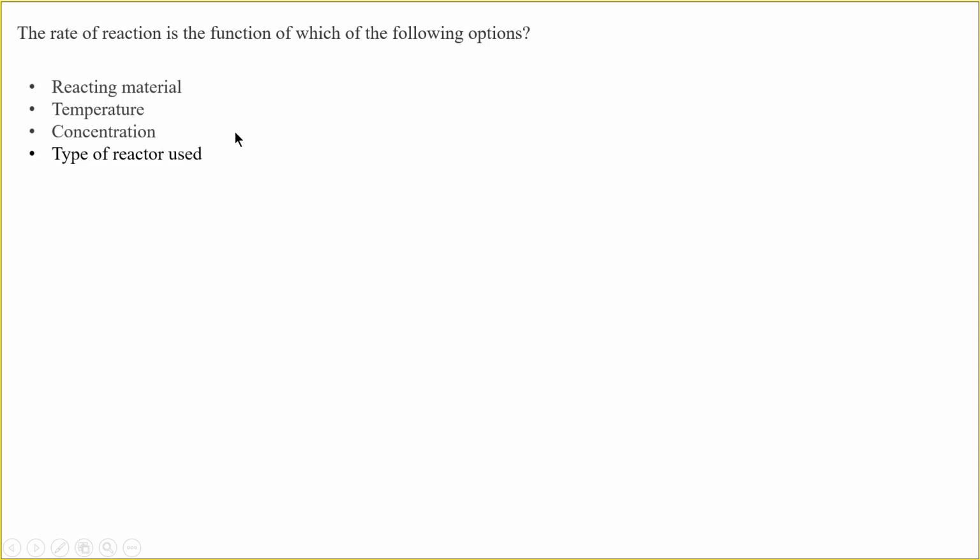And next comes the concentration. How can the concentration of the reactant affect the rate of the reaction? If the reactants are present in abundance, then the reaction order is quite stabilized and it occurs in a stabilized manner. One example is photosynthesis, in which sunlight comes on top of the leaves and produces glucose.